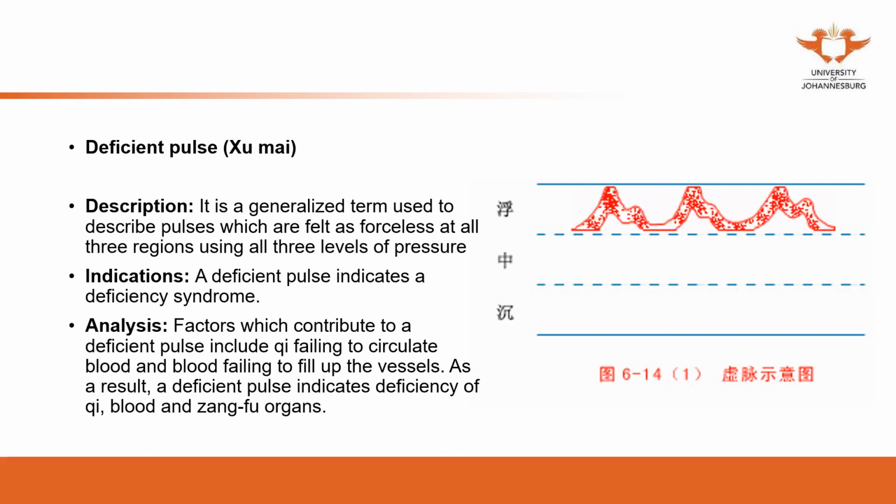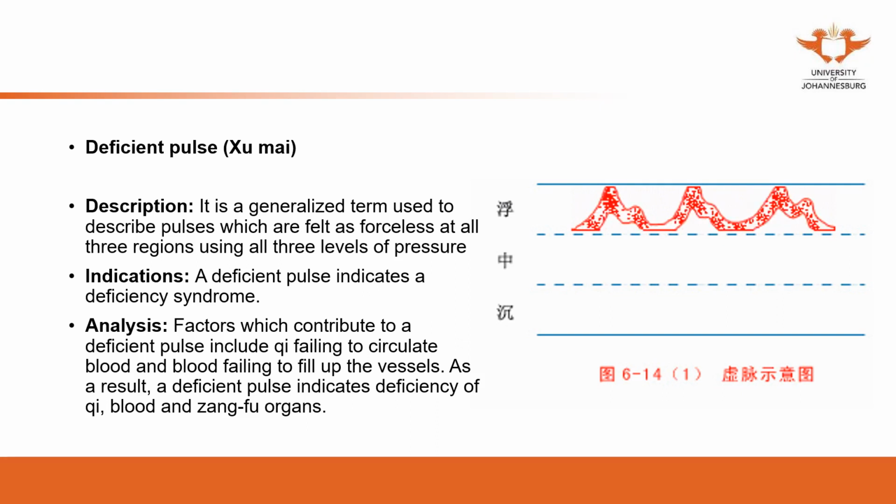The next one we're going to introduce is the deficient pulse. The deficient pulse is a generalized term used to describe a pulse that is forceless at all three regions.